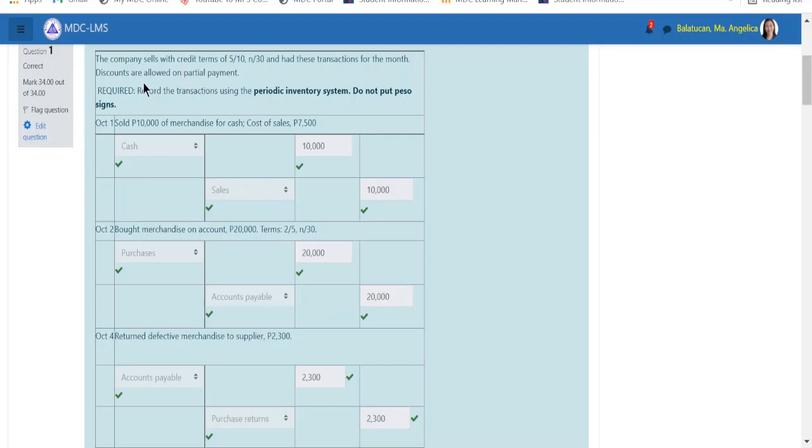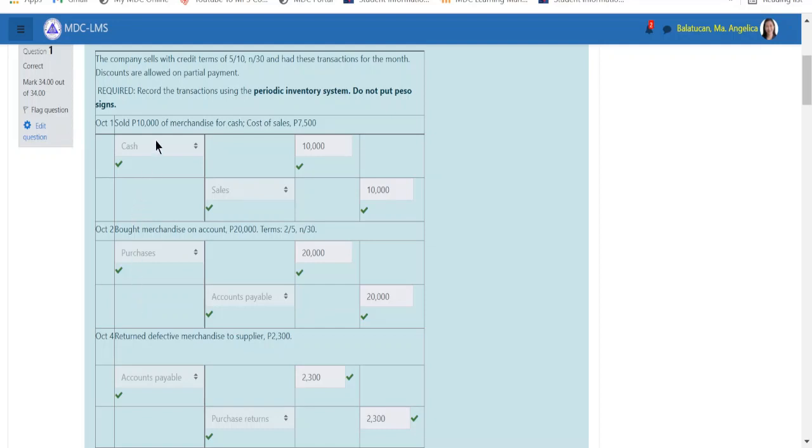So this is with regards to the payments made by the customers. Remember that we are recording on behalf of this company, and transactions entered into by the customers, they record in their respective books, but here we are recording on behalf of this company. So all of the transactions stated here are transactions made by the company.